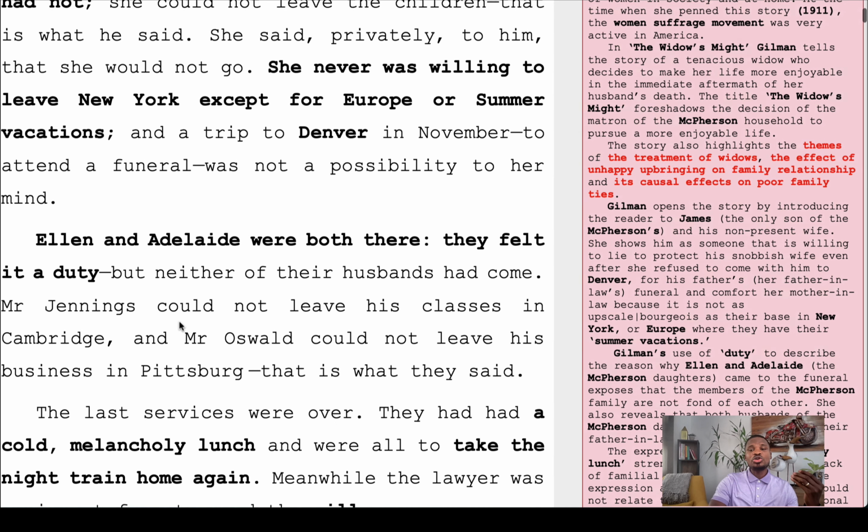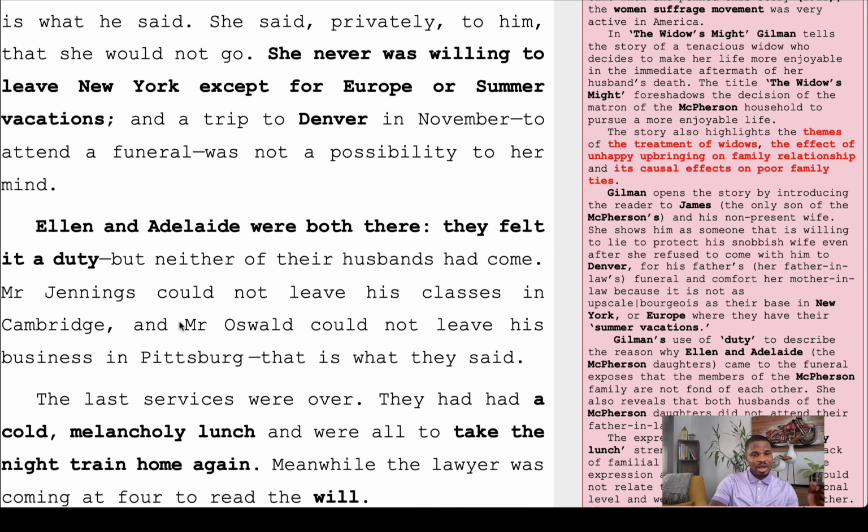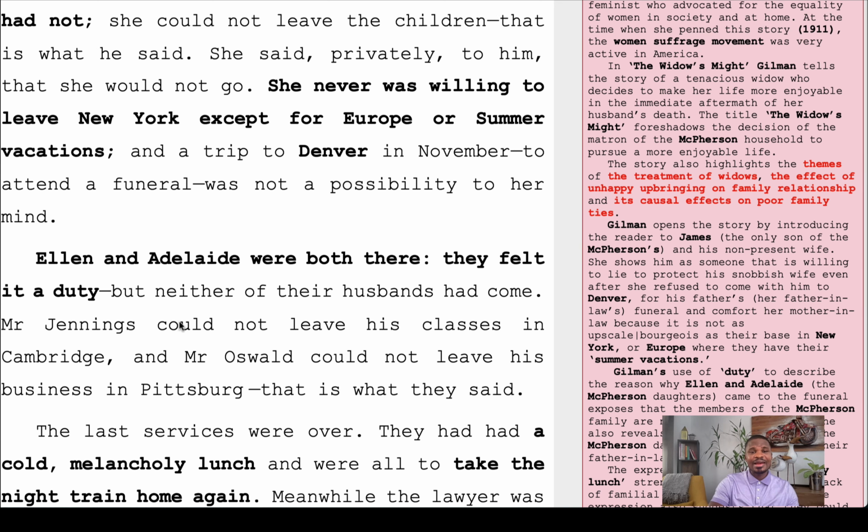Then we are also told about two other characters, the female children of the McPhersons, who are married at this point. Gilman uses the word duty to describe why they are there. She says, for example, that Ellen and Adelaide were both there. They felt it a duty.